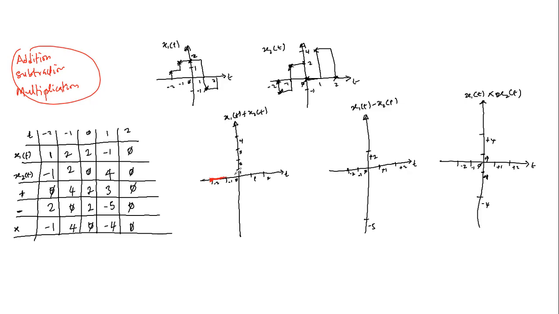Okay. Then at t equal to -1, the amplitude rises to 4. So that's 2 plus 2. Then at t equal to 0, the signal amplitude drops to 2.